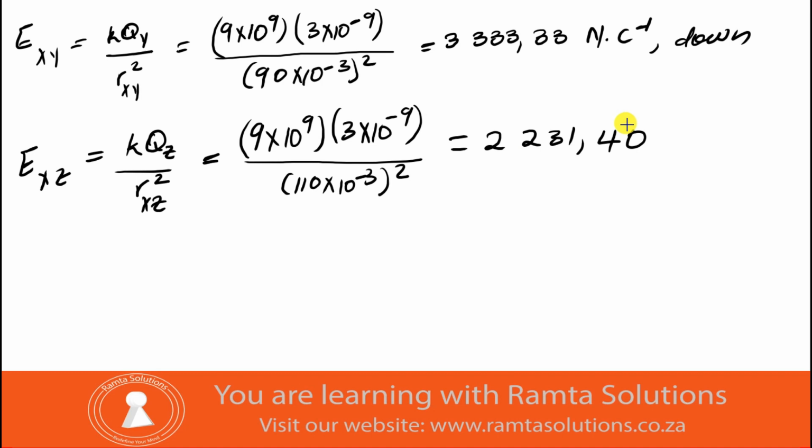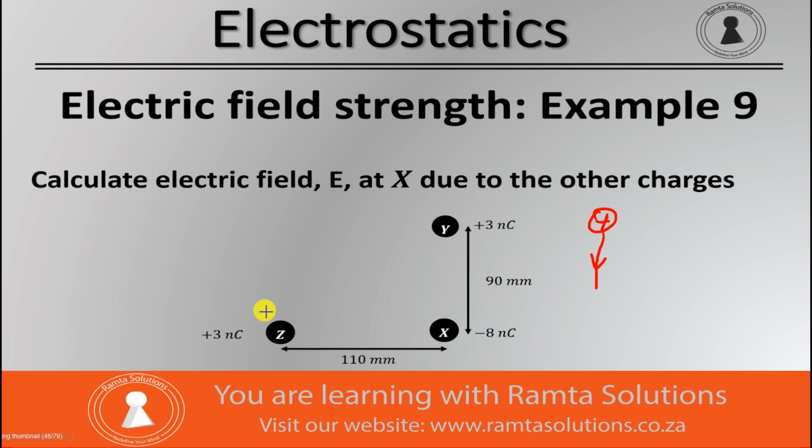I'm going to round it off. Or maybe let me not round it off. So this is 2,231.40496 newtons per coulomb. Now, in which direction?